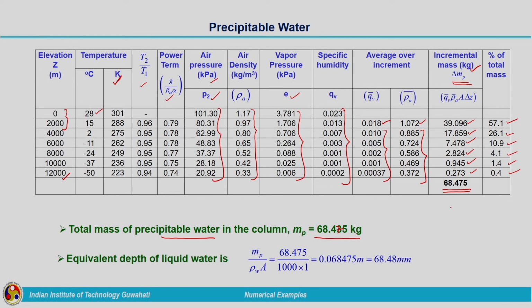You know, mass is equal to density multiplied by volume, right.